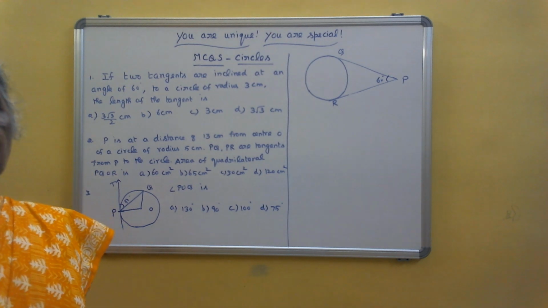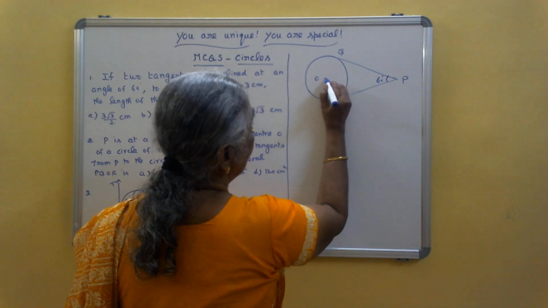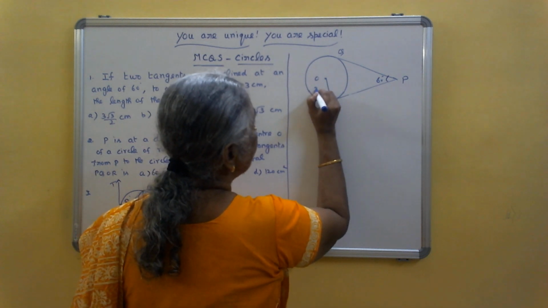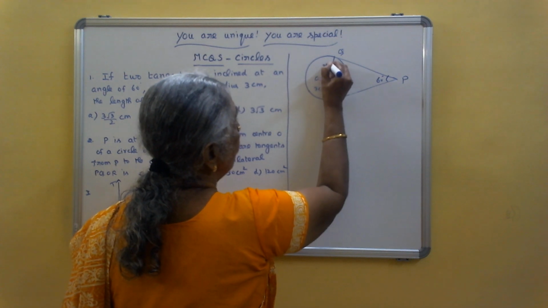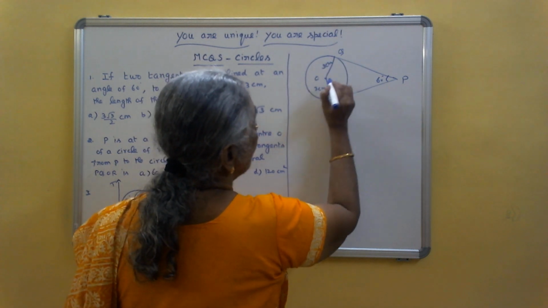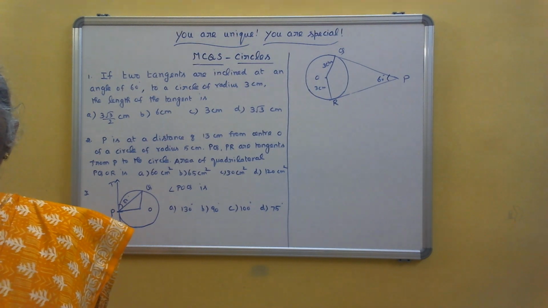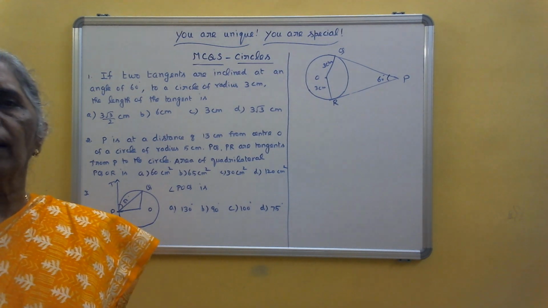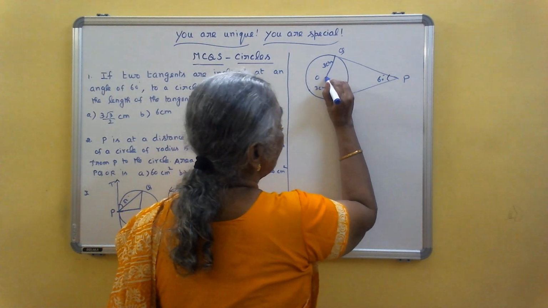The radius of the circle is given to be 3 centimeter. Let me mark the center. So this is 3 centimeter. This will also be 3 centimeter. Okay. So this is what is given. We want to find out the length of the tangent. So let me join this OP.